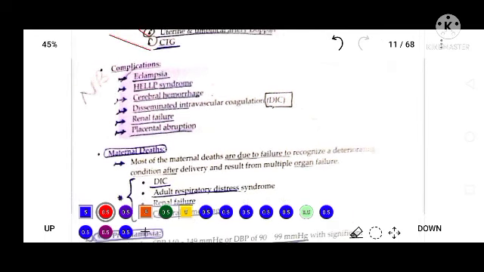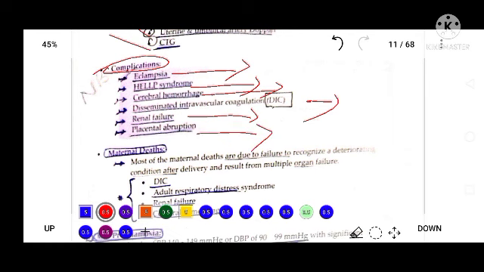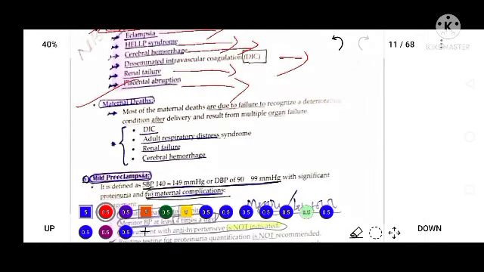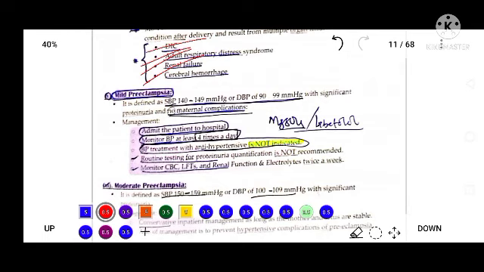The complications of preeclampsia may be eclampsia, in which convulsions are there, HELLP syndrome, cerebral hemorrhage, DIC, renal failure, and placental abruption. Maternal death occurs because of DIC, respiratory distress syndrome, renal failure, and cerebral hemorrhage, which can trigger dangerous conditions.